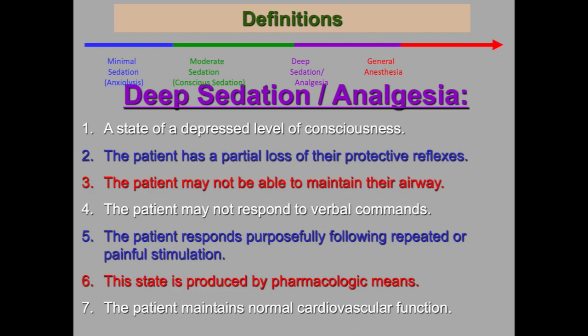So if I were to take a cow horn forceps and want to extract number 30 with it, and I didn't have local anesthetic there, the patient is going to respond to that. They still respond to pain. And this level is really only produced with pharmacological means. And the patient maintains their heart rate and blood pressure, so their normal cardiovascular function.